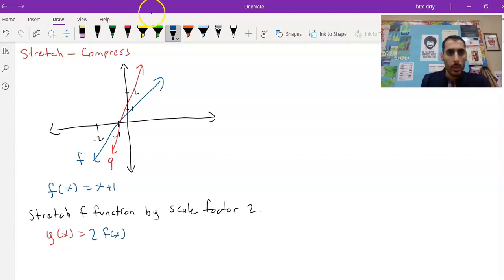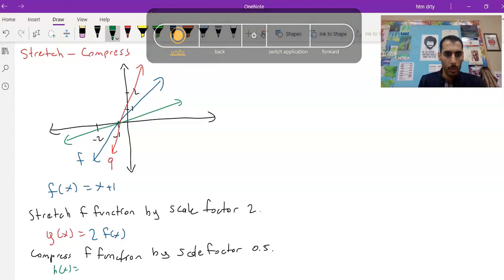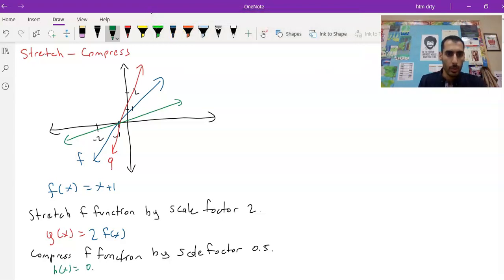And if you compress the f function by a scale factor, this time the function is going to be less vertical, which looks like that, and this function h(x) is going to be equal to 0.5 f(x).